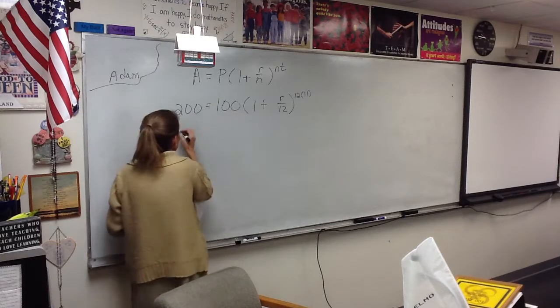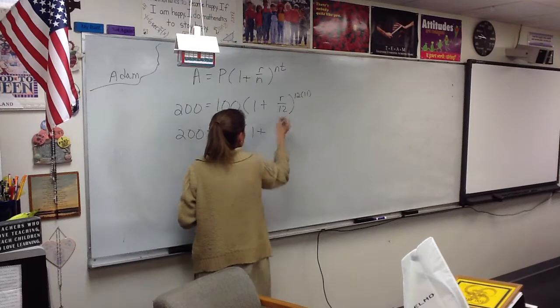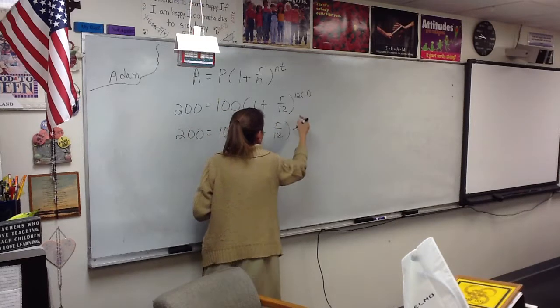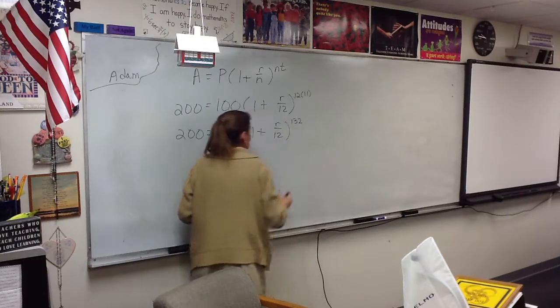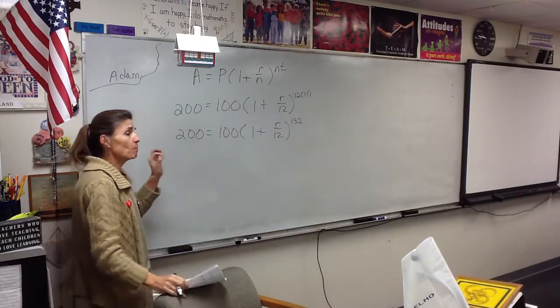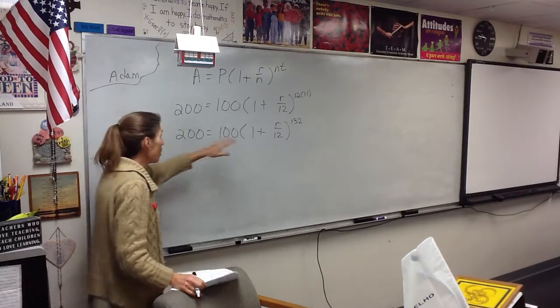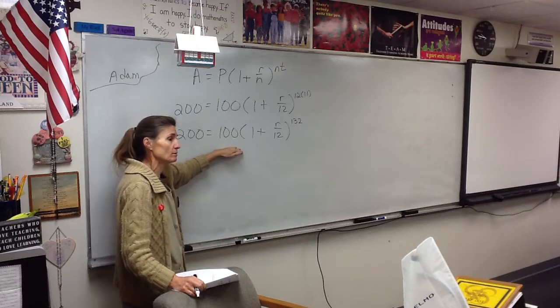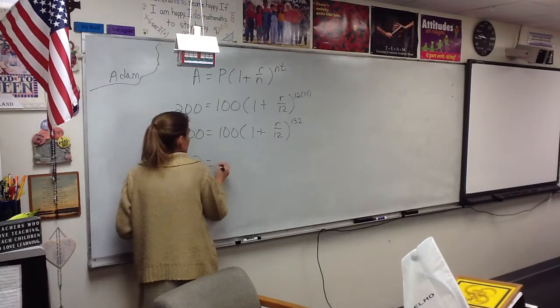Now, I'm going to go ahead and multiply 12 times 11, so I only have one exponent up there. What is that? 132. Now, what's step one? Divide by 100. Absolutely. We always got to get rid of this extra number. So we're going to divide by 100, and wonderfully, that just works out to be 2, right?